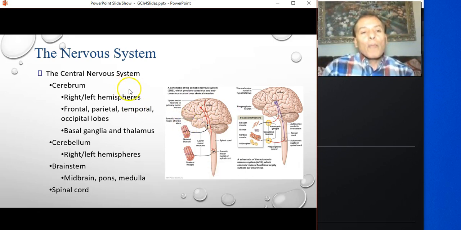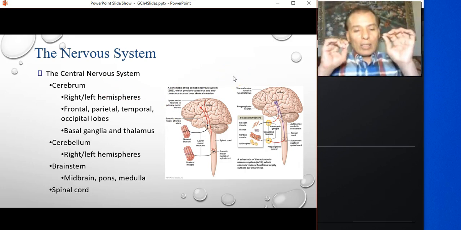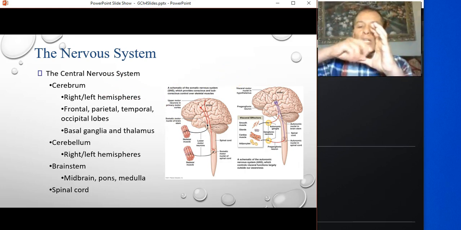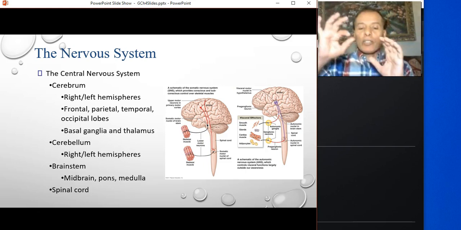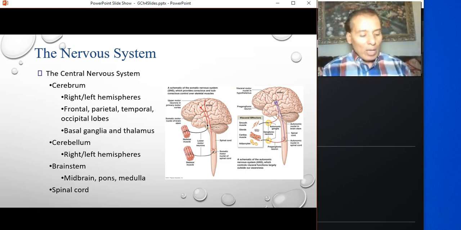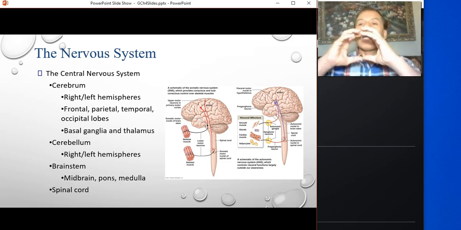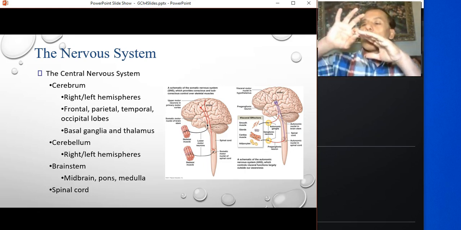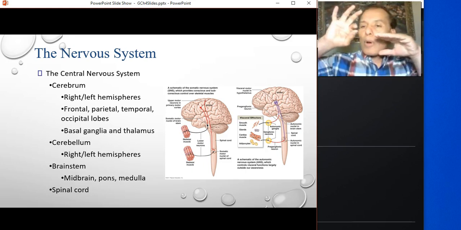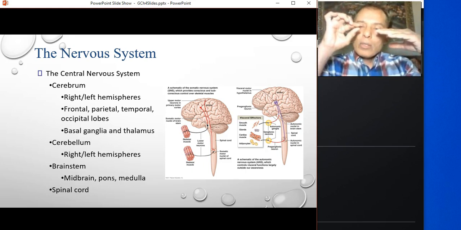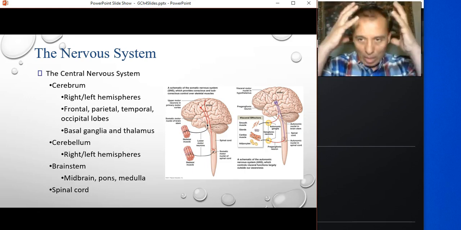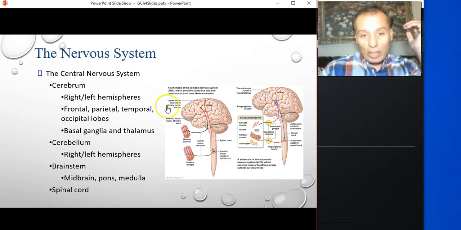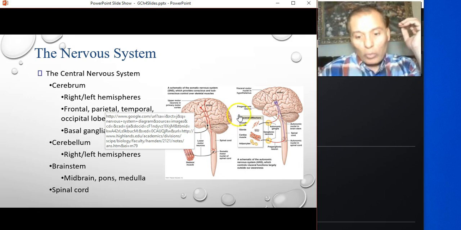So the cerebrum has white matter inside, deep, and it has gray matter. Basically the gray matter lives on the top, a very tiny cover of the entire brain that you can see here, folded and convoluted.